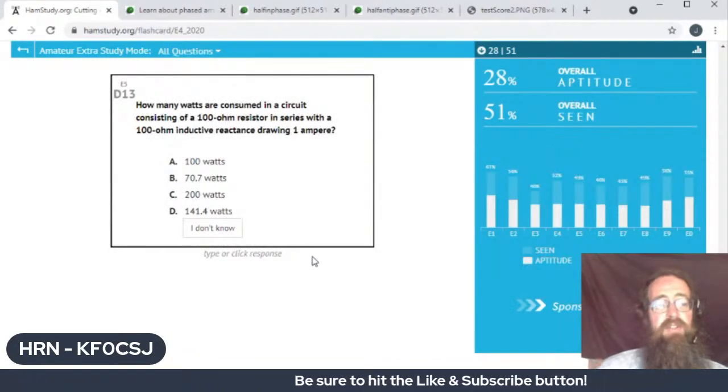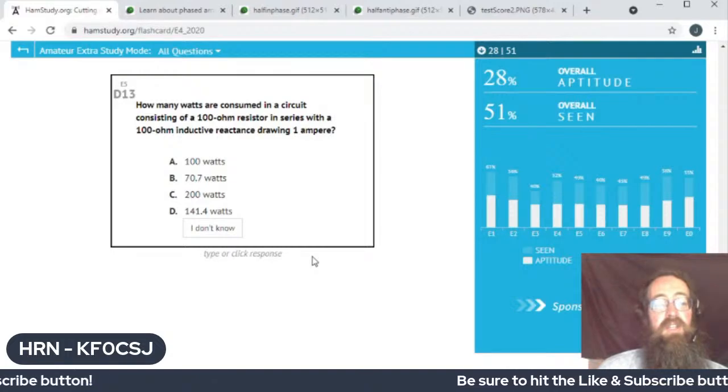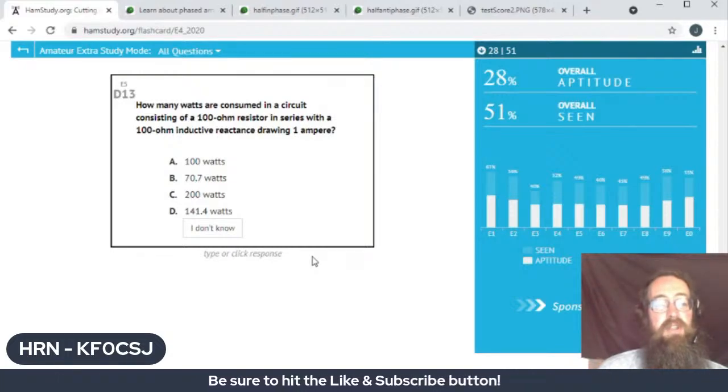How many watts are consumed in a circuit consisting of a 10 ohm resistor in series with 10 ohm inductive reactance drawing 1 amp?